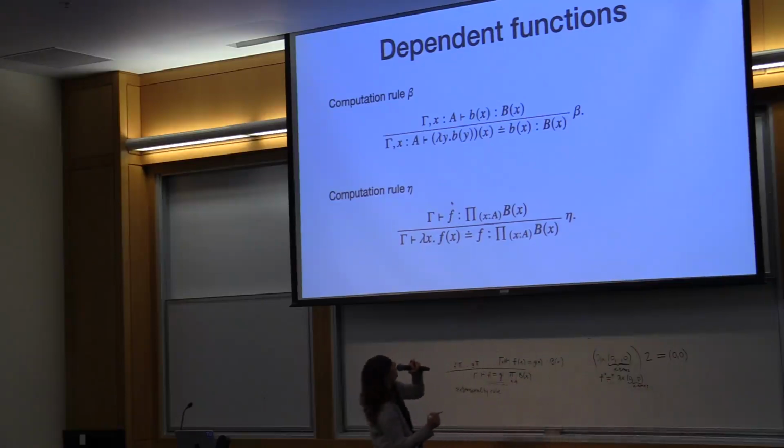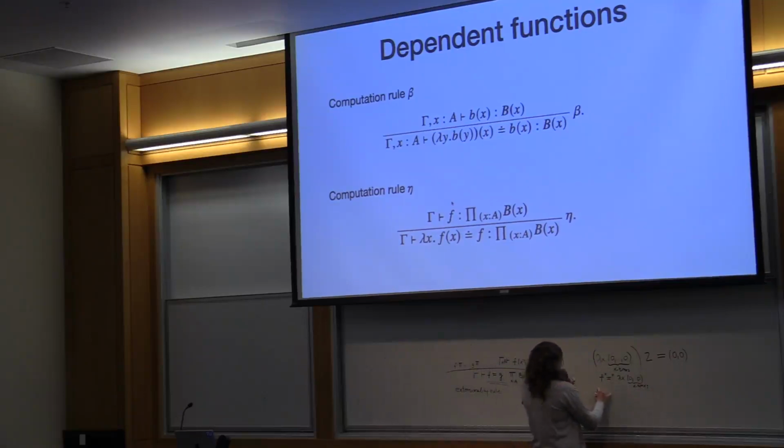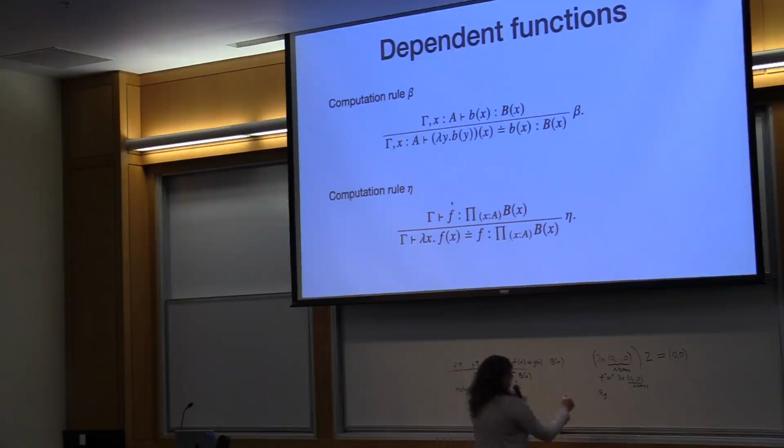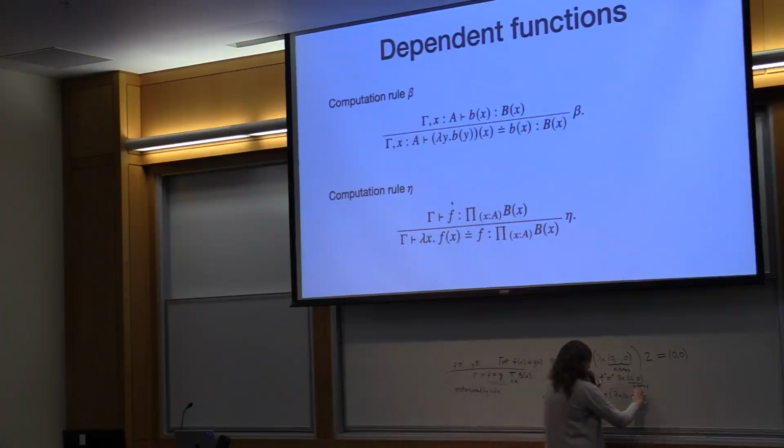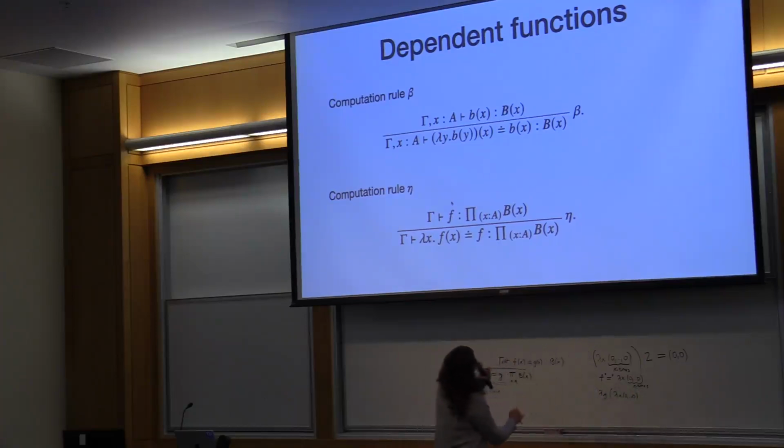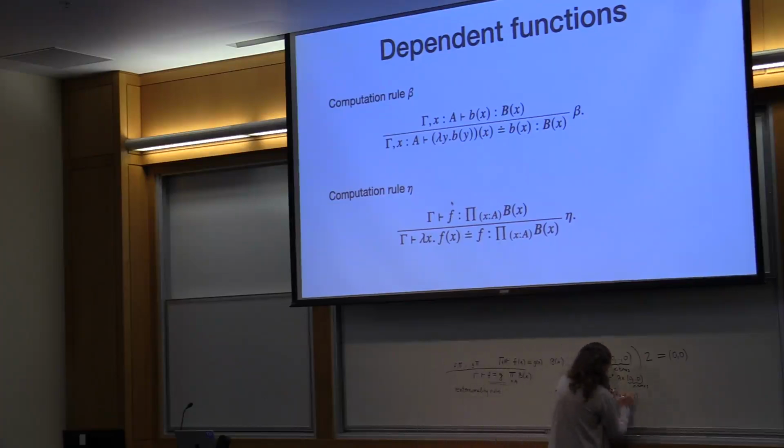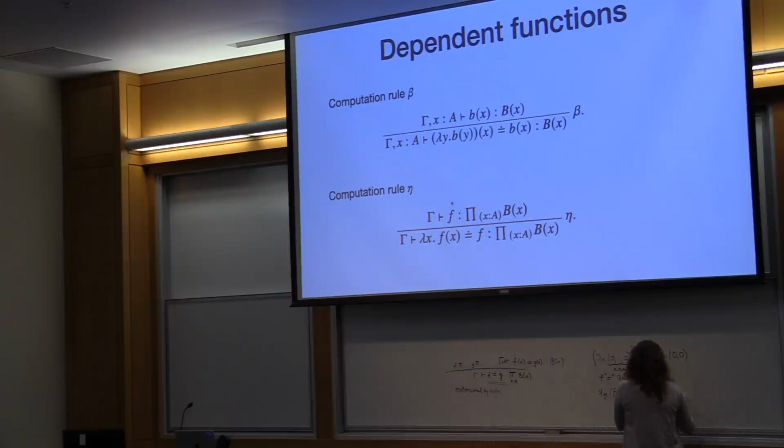Okay, now I want to plug it in, and I want to have lambda y, lambda x 0, 0, okay, and then I want to apply this lambda to y, okay, and now this should be judgmentally equal to lambda x 0, 0, x times.